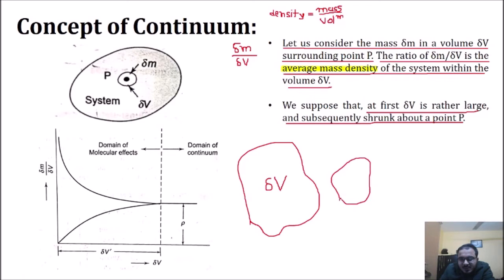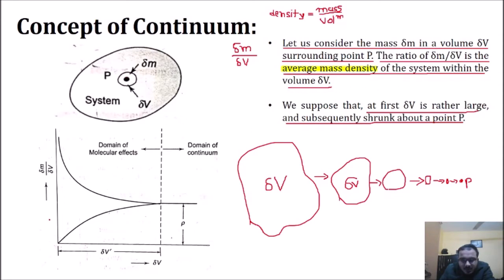So let's say this is the next reduction in volume. Then we will further reduce this. Then we will further reduce this. Ultimately it reaches a point like this P, that is shown over here.